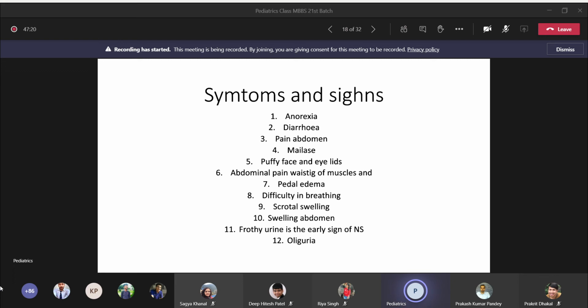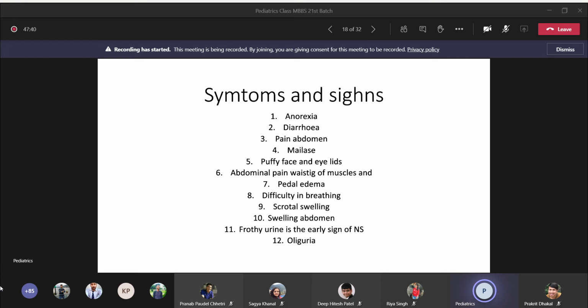The patient will feel weak and have puffy face and eyelids, abdominal pain that I have already told, and the patient's muscles are wasted. Pedal edema. The patient will present with pedal edema also. Difficulty in breathing. Why is there difficulty in breathing?